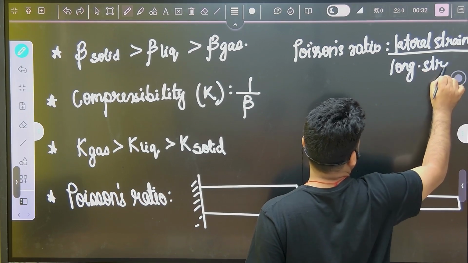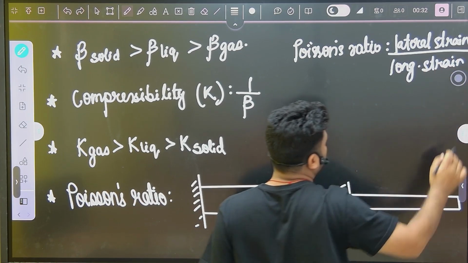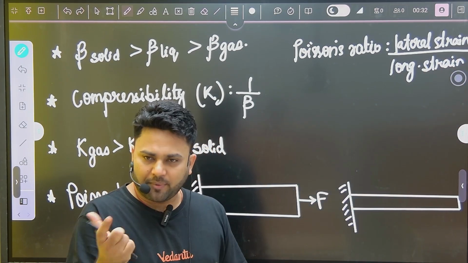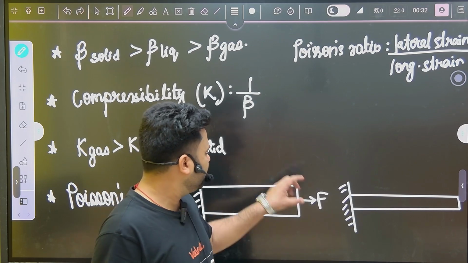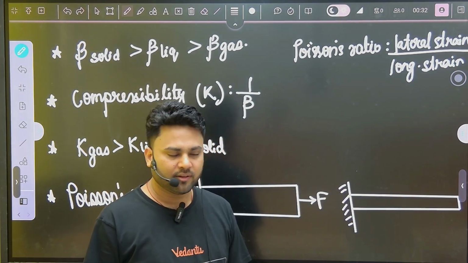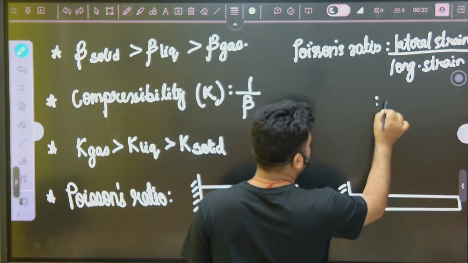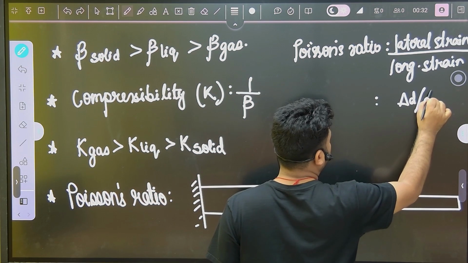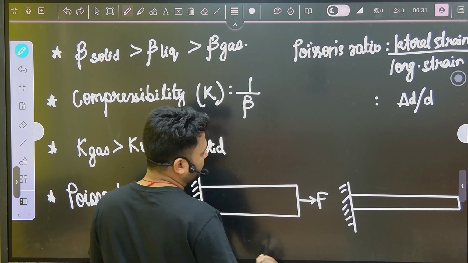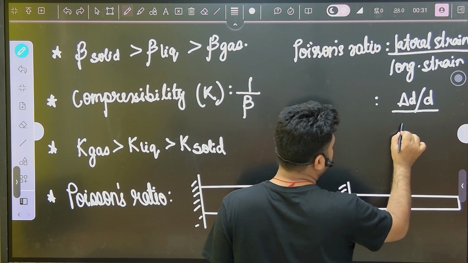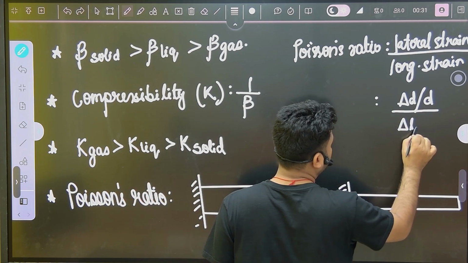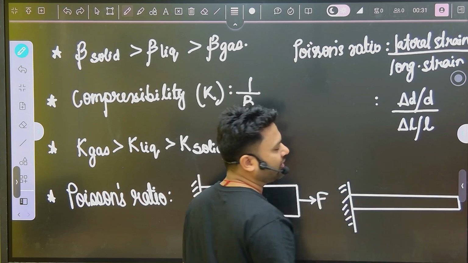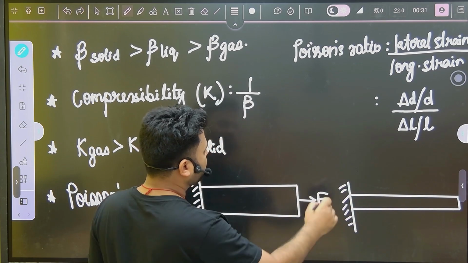So what is lateral strain? It is the change in diameter divided by the original diameter of this object. And what is longitudinal strain? The change in length divided by original length. So this is Poisson's ratio.